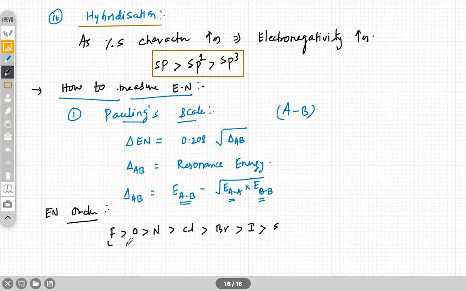These three you must remember. To some extent you will require chlorine also, but these three you must remember. Fluorine is the most electronegative element. And according to Pauling's scale, the electronegativity of fluorine is 4. Okay, done.